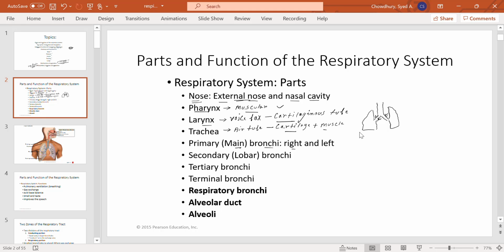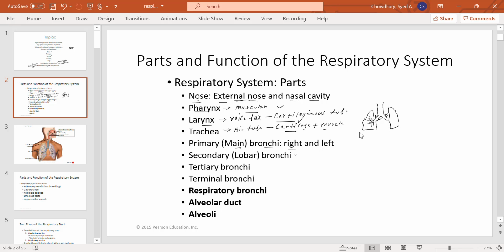Makes sense? And they enter into the respective lungs. The right one enters into the right lung, the left one enters into the left lung. Then inside the lung, they divide into secondary bronchi, also called lobar bronchi, because in your lung, if you see, there are lobes.